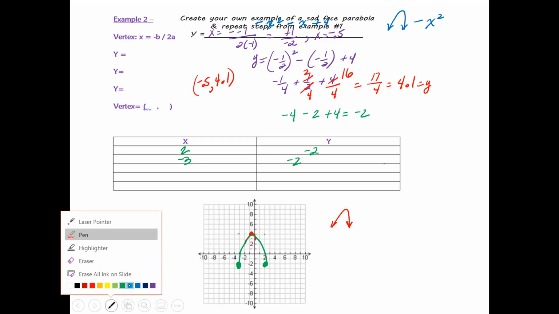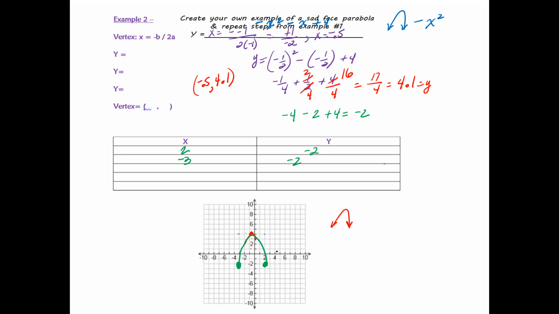Okay, so I know it's going to go like in this direction so far. Now let's find another point. Let's say, what if it's at 4? So when x is at 4, you have a negative 4 times 4, which is a negative 16, minus 4, because of the negative x, plus 4. So that's going to give you a negative 16.